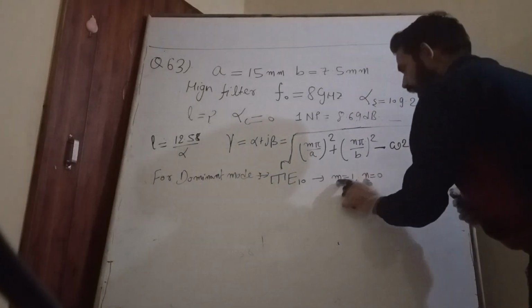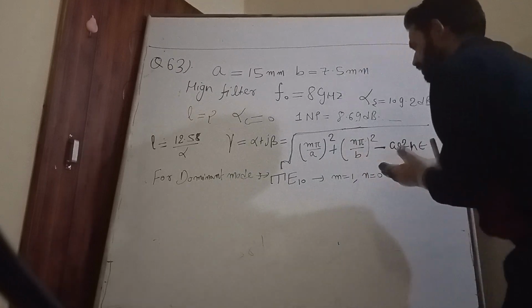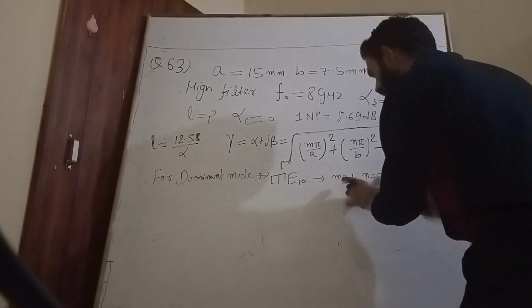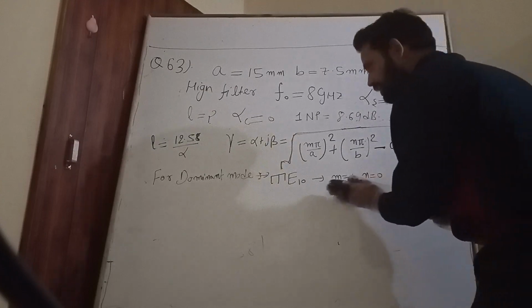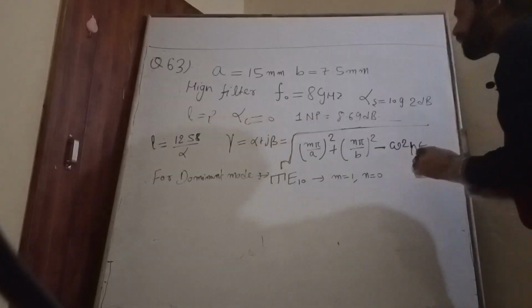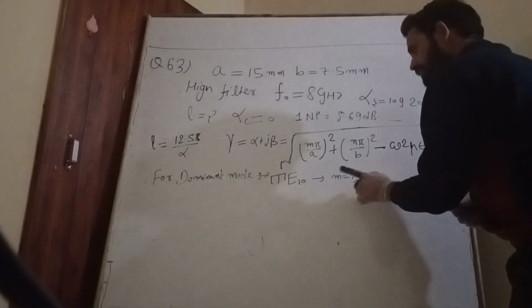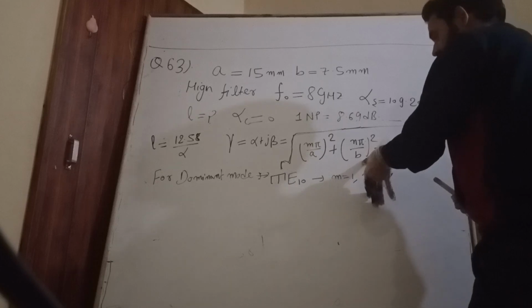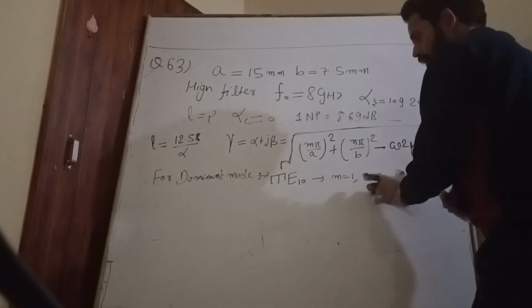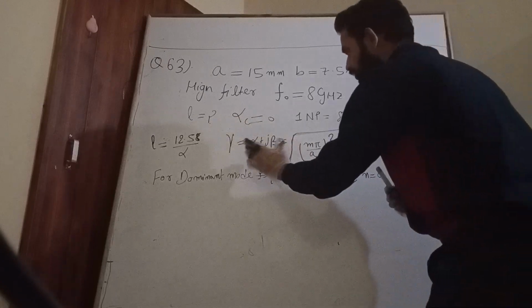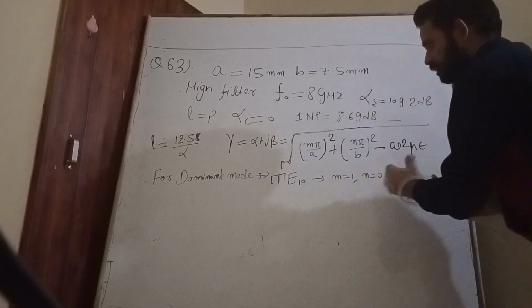These m and n are modes, the half field variations along the broader side and along the narrower side. Half field variation along the narrower side is 0, and along the broader side, m is equal to 1.